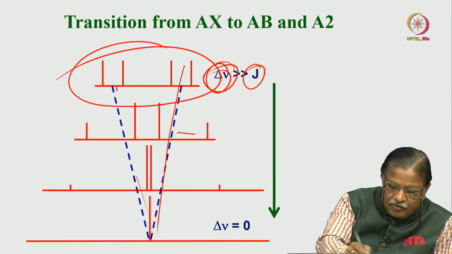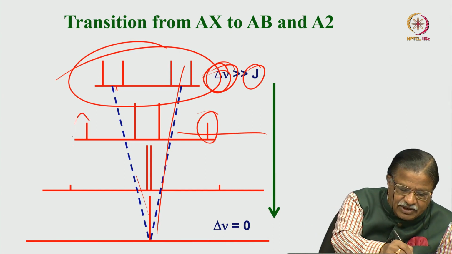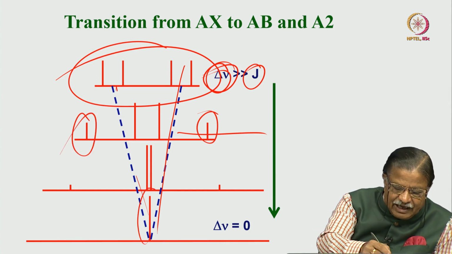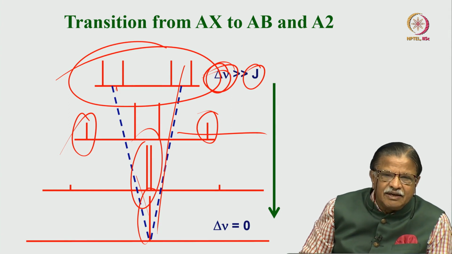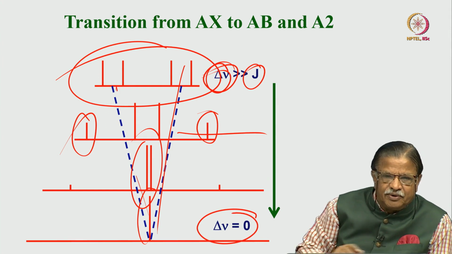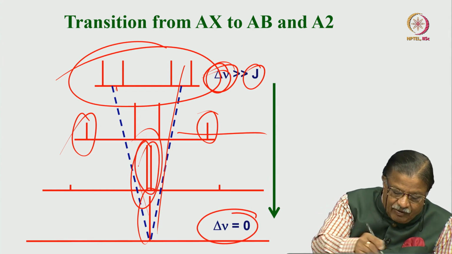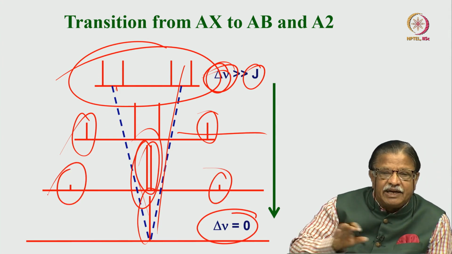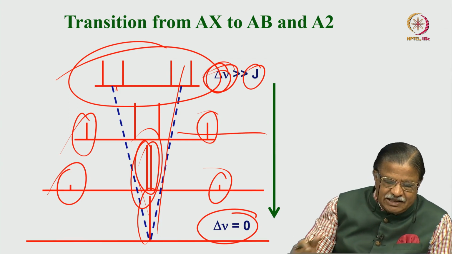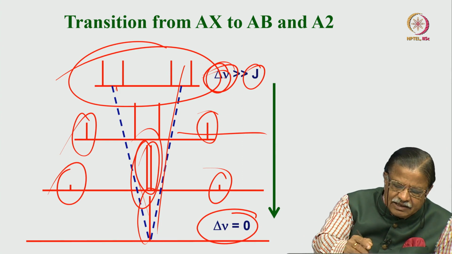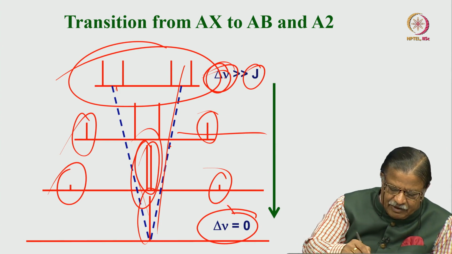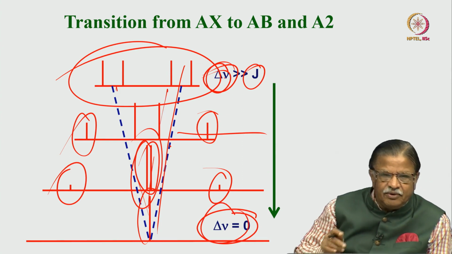The outer lines start moving away and get reduced in intensity, and the inner lines increase in intensity. In the situation when the chemical shift difference becomes equal to 0, both these lines will overlap and the outer lines completely disappear. This is the transition from AX to A2. Remember, AX can go to AB, and when the chemical shift difference becomes 0, it can go to A2.